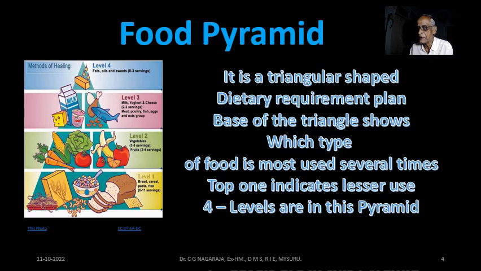And this kind of arrangement of food based upon the dietary requirement is called food pyramid. In a pyramid, in a triangle, the base is broader and the apex is small. That means the base contains food material used by living beings several times in a day.